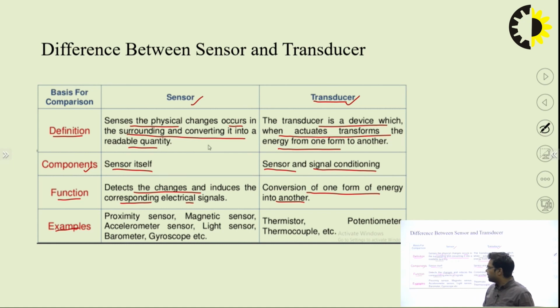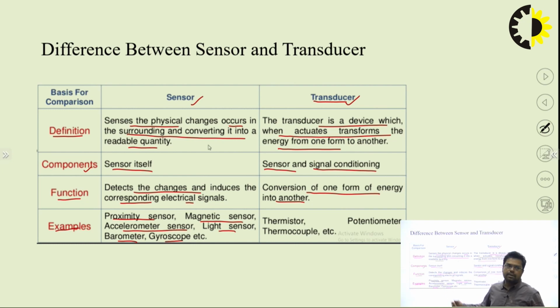So, there are different types of sensors, like the proximity sensor, which I will discuss later in this lecture, magnetic sensors for measuring the magnetism in the atmosphere, accelerometer sensors to measure speed, light sensors, barometer sensors to measure pressure, and gyroscopes.